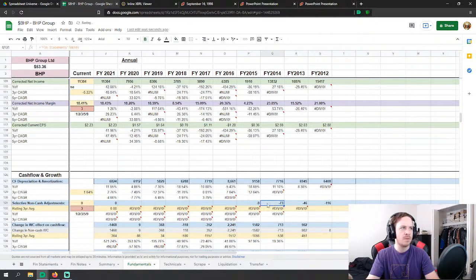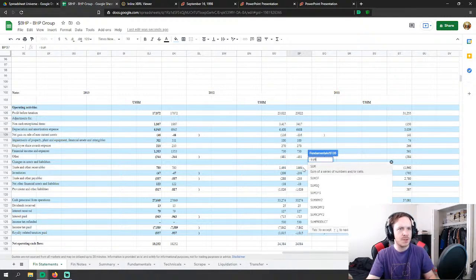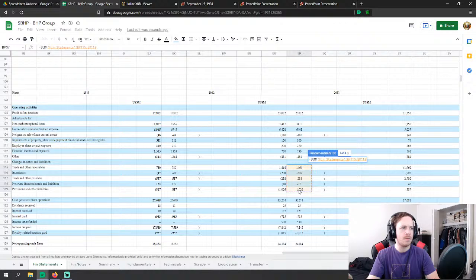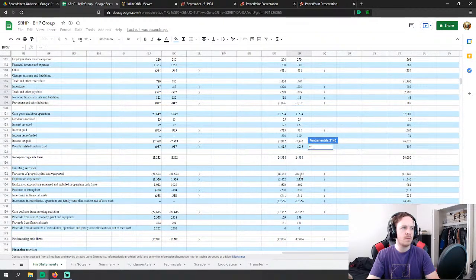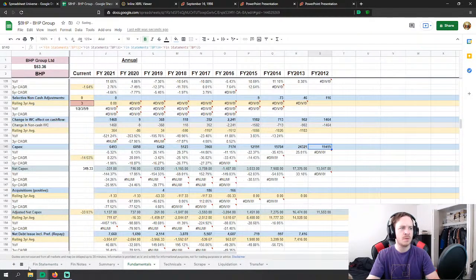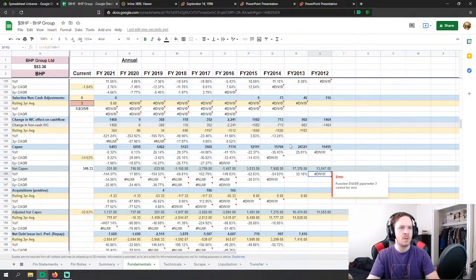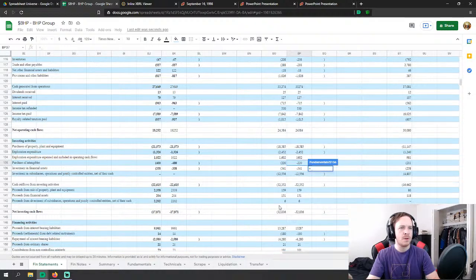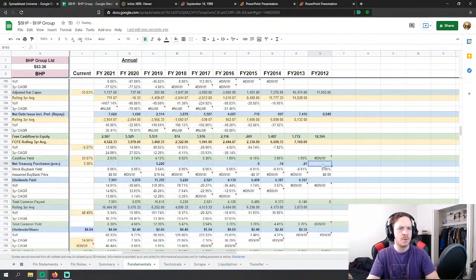Why is this negative? Change in assets, capex, including intangibles, net debt repayment, which includes issuance of new shares, which we then net out. And then dividends are paid.